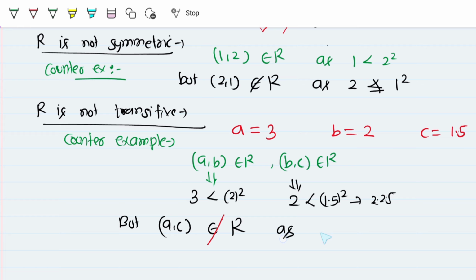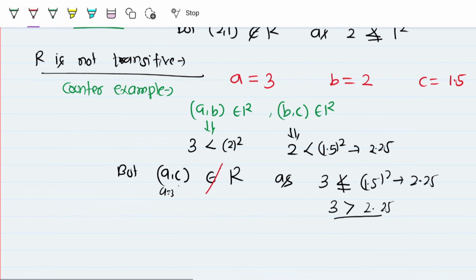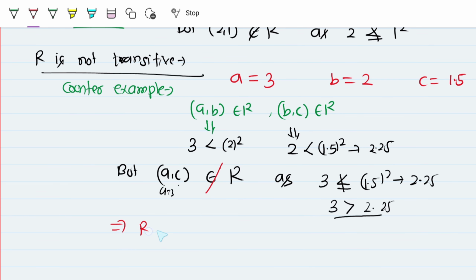Because the A value is 3 and the C value is 1.5, and 3 is not less than or equal to 1.5 squared. 1.5 squared is 2.25, and 3 is greater than 2.25. So (A, B) and (B, C) belong to R, but (A, C) does not. So it is not transitive. It implies R is not transitive.